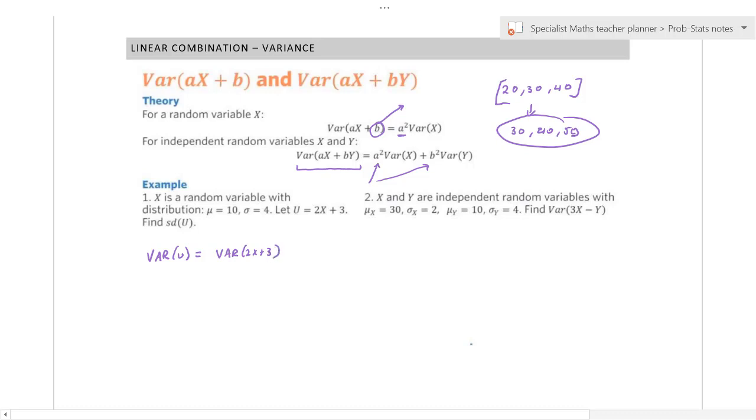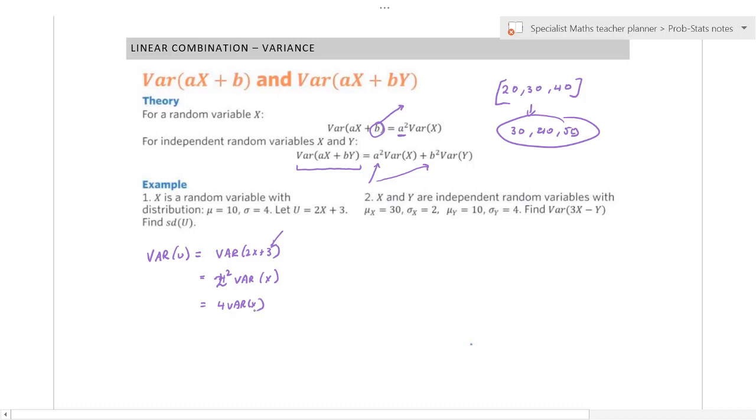As we said, that 3 really doesn't matter. It's this 2, but it's squared. So it's 2 squared, my bad, 2 squared times the variance of X, which is 4 times the variance of X.